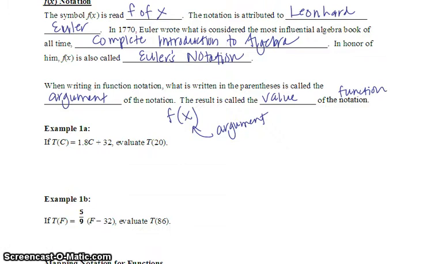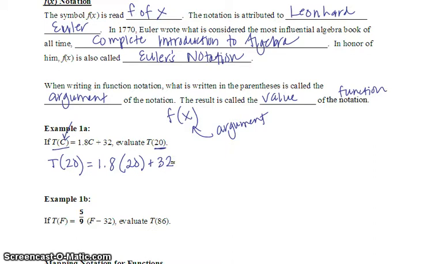Okay, example 1a. It says if t of c, so instead of saying f of x, I'm going to say t of c, because that's c in the parentheses, that's how you pronounce it. If t of c equals 1.8c plus 32, we're going to evaluate t of 20. So we're going to plug 20 in for c. So we're going to say t of 20 equals 1.8 times 20 plus 32.